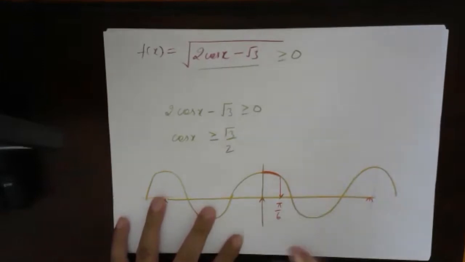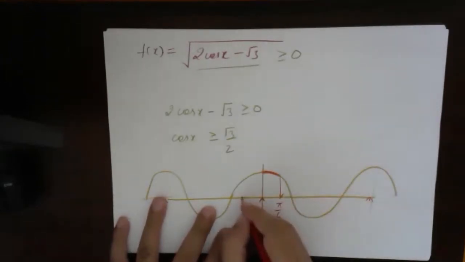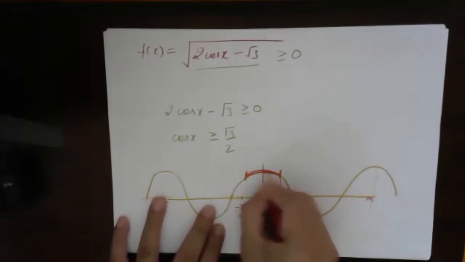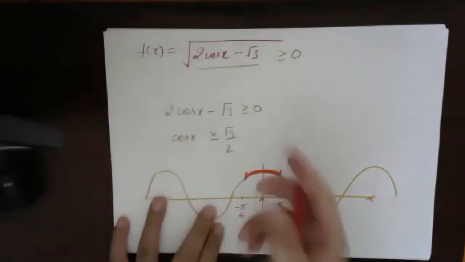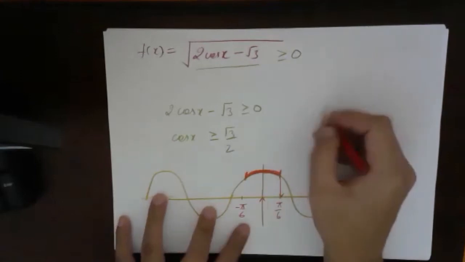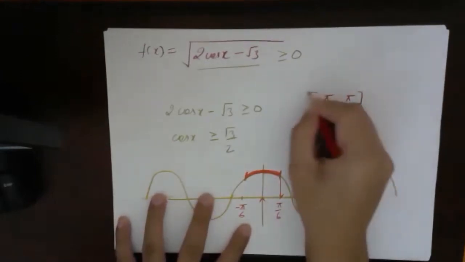But now you will say, sir, this is also greater, and from here also we will get the same value. That means here also minus pi by 6, and anything between these two will give you the proper values of x for which this one will be greater than or equal to 0. So the first answer we will get is closed bracket minus pi by 6 to pi by 6 close bracket, right?